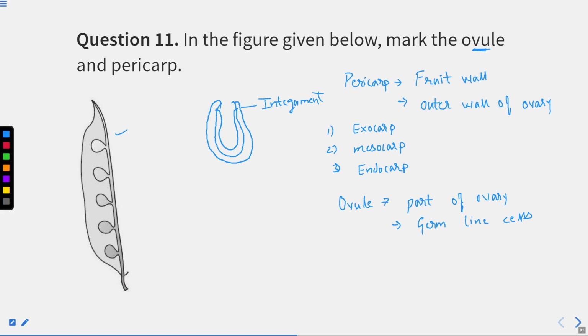This is known as the micropylar region, or the micropylar end, and this is known as the chalazal end, or the chalazal region. In the center you have two polar nuclei. Here you have the antipodals, and here you have the egg apparatus: one is the egg and the other two are synergids.